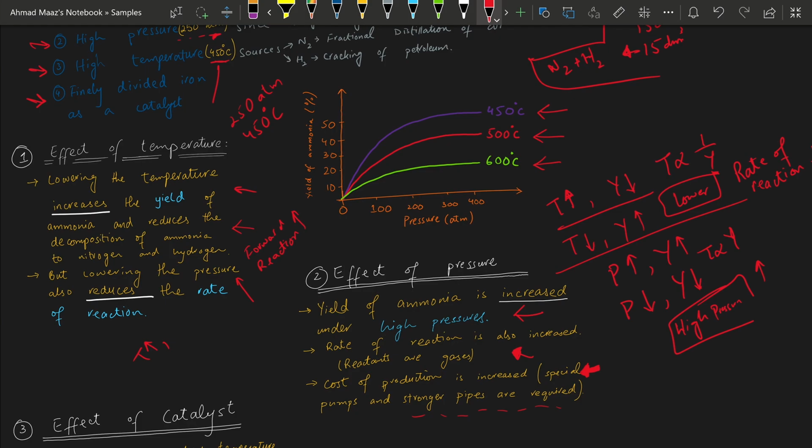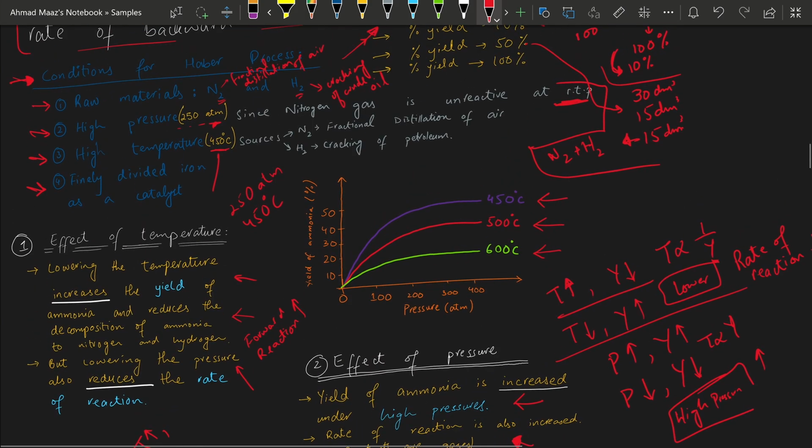Now there is a difference between yield and the rate of reaction. Yield of ammonia means how much ammonia is being produced, what percentage of reactants is being converted into ammonia. Yield shows how much forward reaction is taking place.